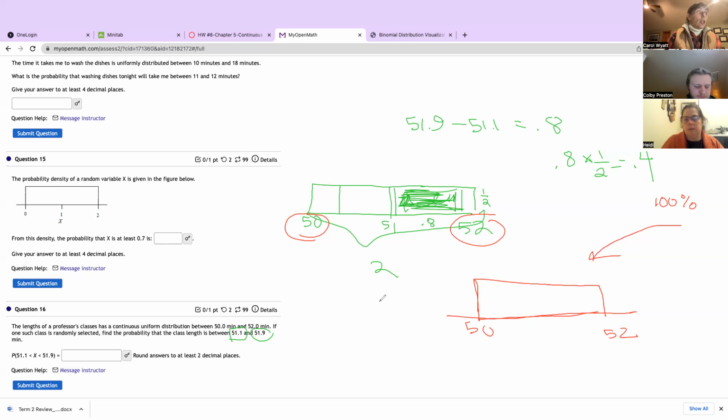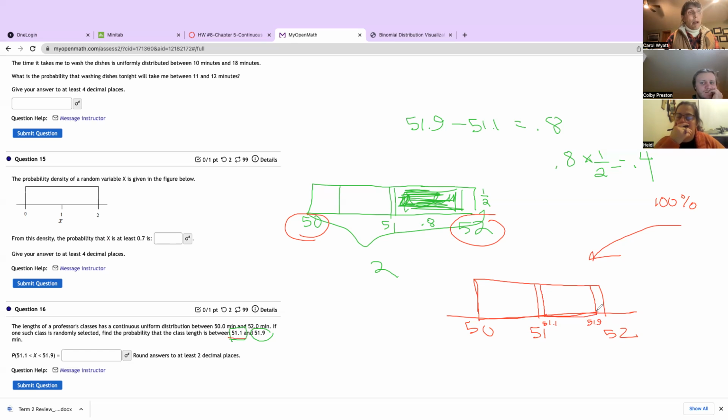Good. So now 51 is going to be right in the middle. Now it says, what's the probability that this professor talks from 51.1 to 51.9, right before 52 minutes? What's that probability?